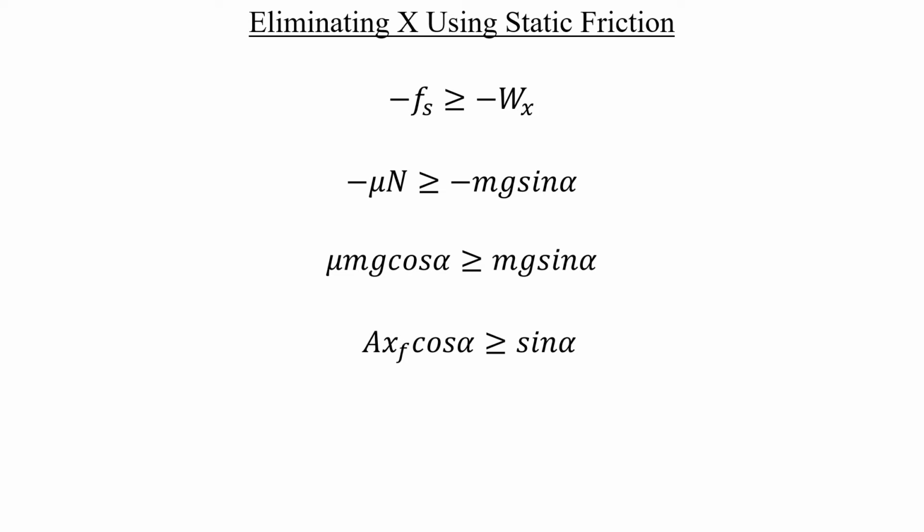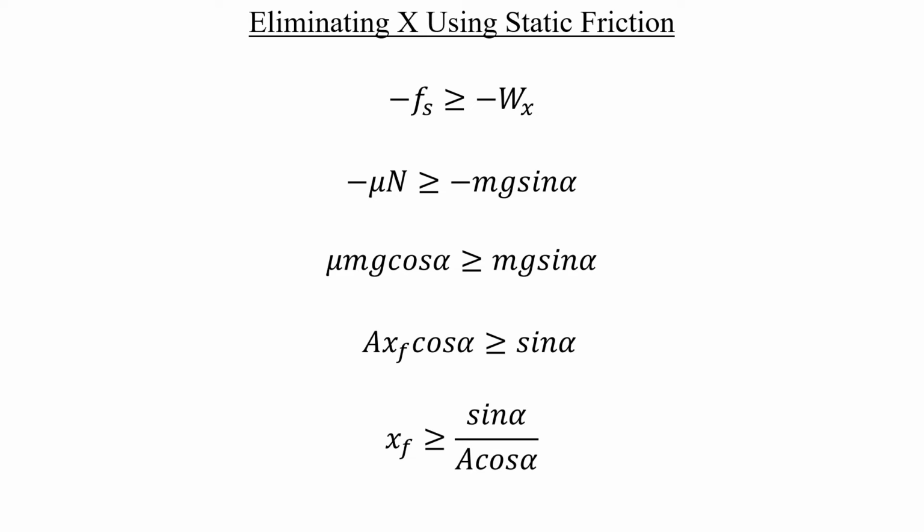But instead of just a generic x, we're working with the final x distance that the box travels up the ramp. If we divide both sides by a cosine alpha, we see that the final distance that the box moves up the plank has to be greater than or equal to this ratio here on the right. Otherwise, it won't come to a stop and it will just slide back down.